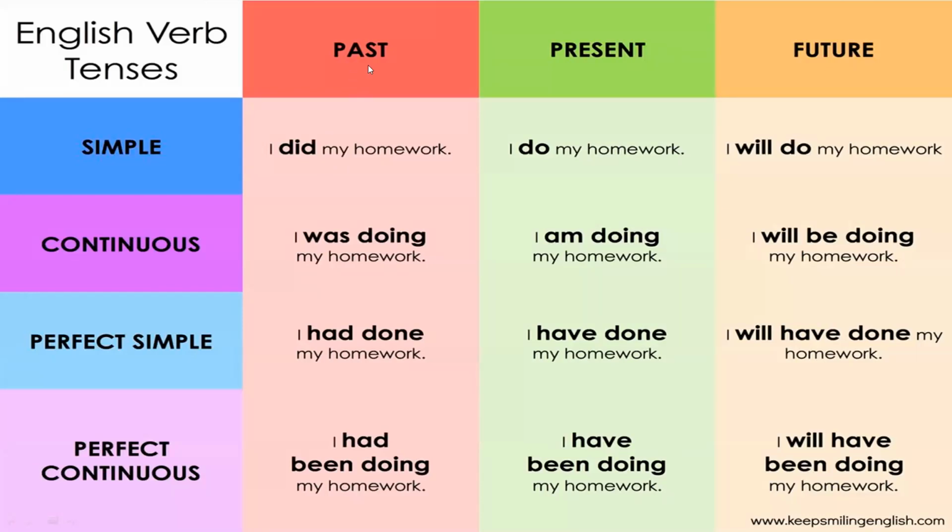So let's imagine this sentence, like I took the medication, or I had the medication. Also past simple. So the main verb did or had or took, whatever, is the past form of the infinitive form of this verb.